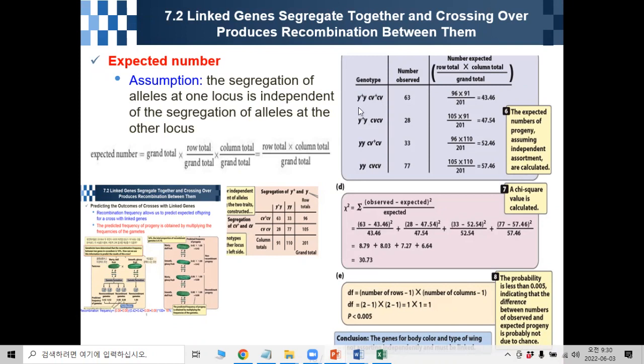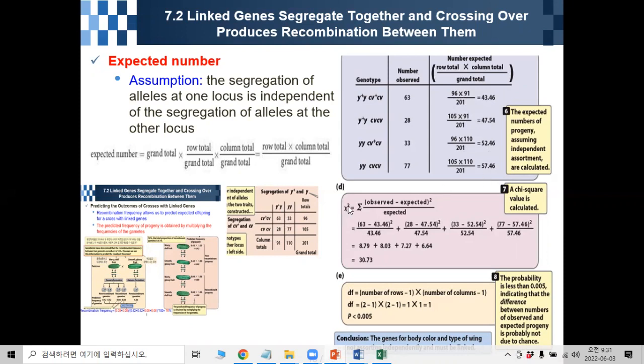In this case, y plus y, cb plus cb, this is the observed number. So we can calculate the expected number: 96 multiplied by 91 divided by 201 is like this. We can also calculate the other expected numbers like this.